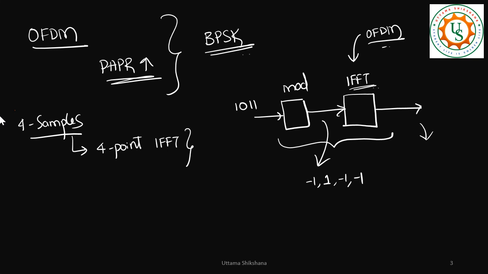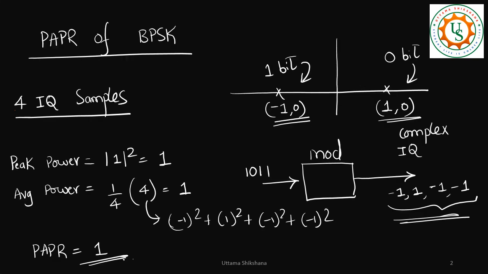For the sake of simplicity, in the previous BPSK system I will take all zeros, for example. Just for the sake of understanding, all zeros means all are 1 1 1 1.